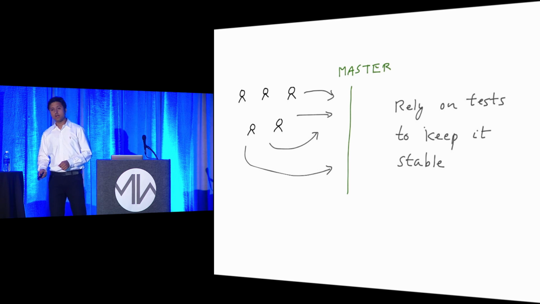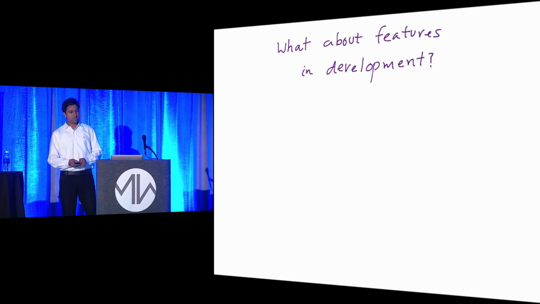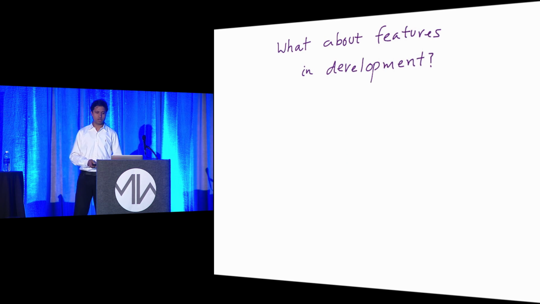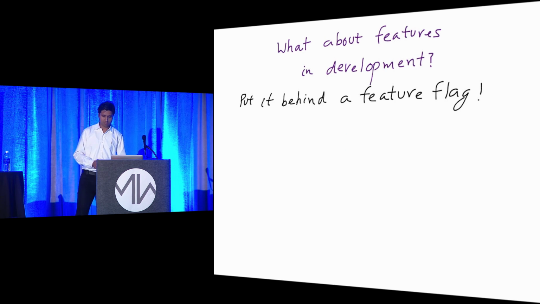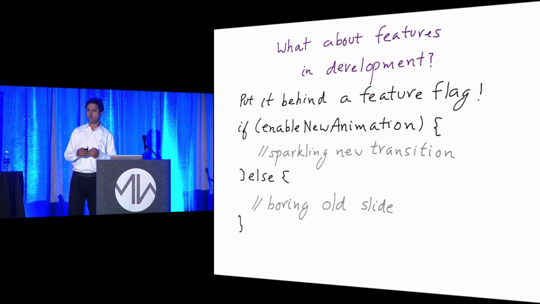Now, the natural question to ask is, what about features in development? I don't always build my features perfectly and commit code. So for features in development, we started putting it behind a feature flag. A feature flag is basically a flag which decides if a new transition kicks in.